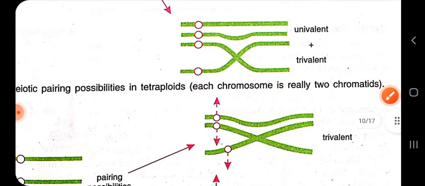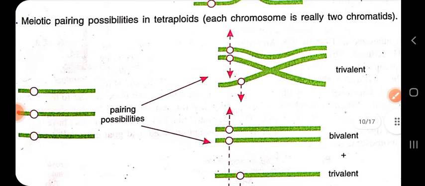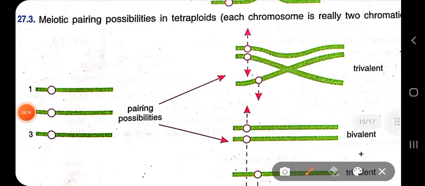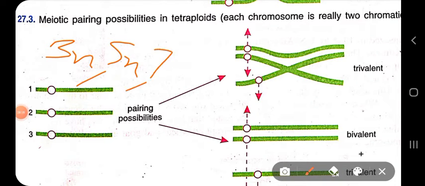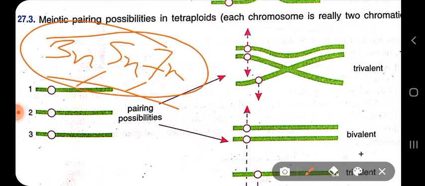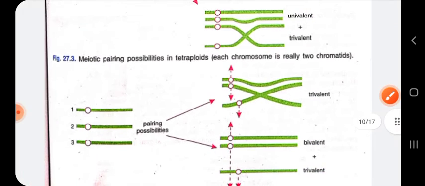The same case we have seen in triploids, those having odd sets of chromosomes: triploid, pentaploid, heptaploid. This type of polyploid, having an odd number of sets of chromosomes, also undergoes this type of sterile, aneuploid-like condition. Okay, I hope you have understood this part.